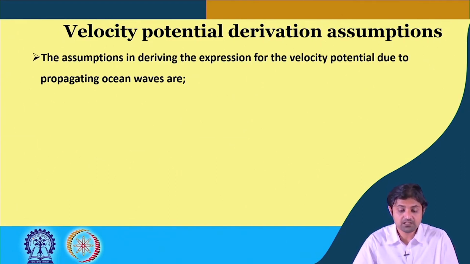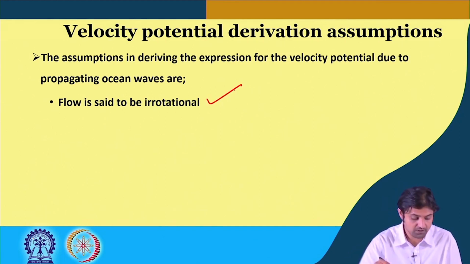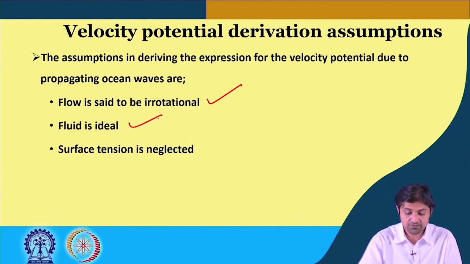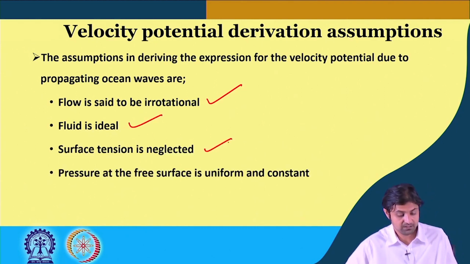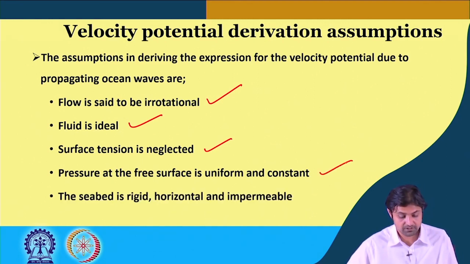So, following are the assumptions for deriving the expression for the velocity potential phi. In our current case, for the propagating ocean waves, the flow is irrotational, all right, the fluid is ideal, surface tension is also neglected, and the pressure at the free surface is uniform and constant.